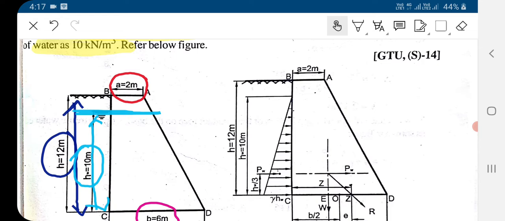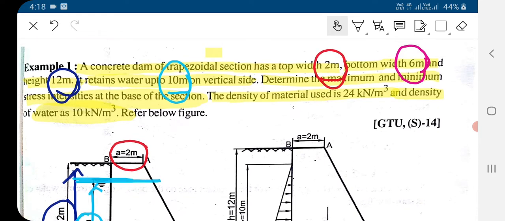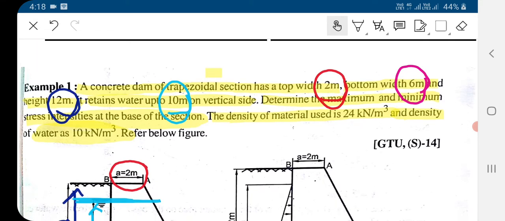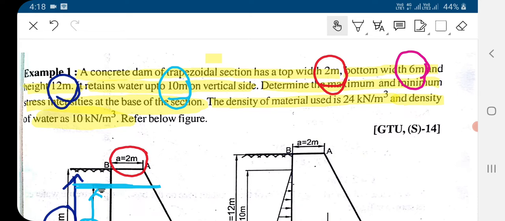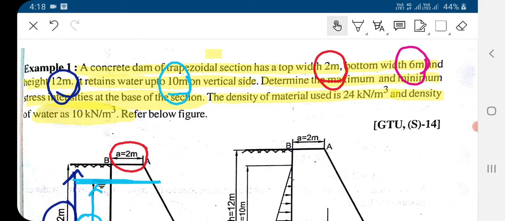Now based on this figure, in the last lecture we have seen how to compute the forces acting on the dam. By using that concept, we have to draw the stress distribution diagram in the dam, and we have to find the forces acting on the dam.